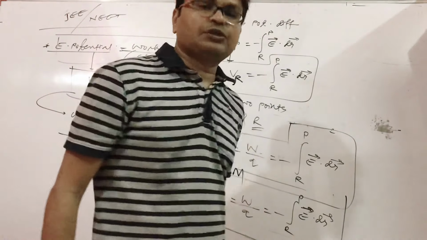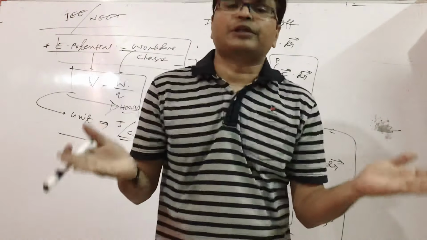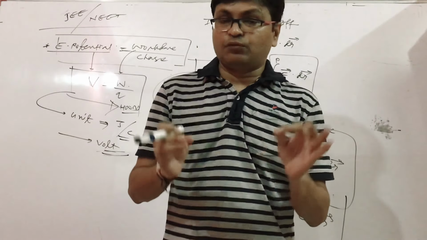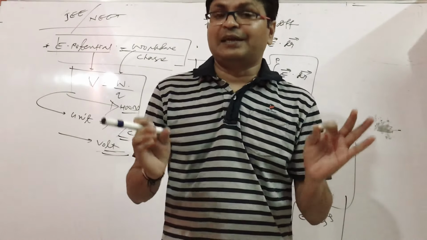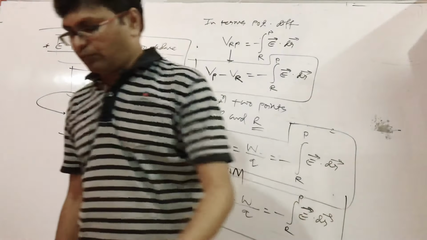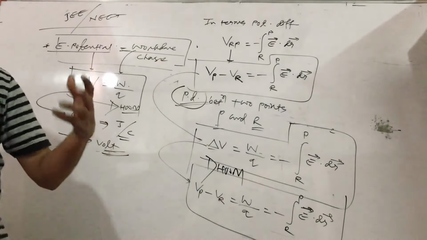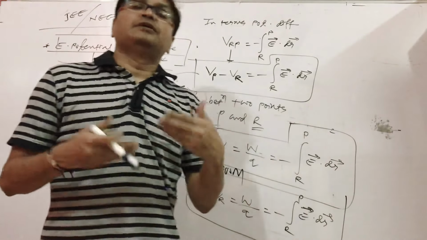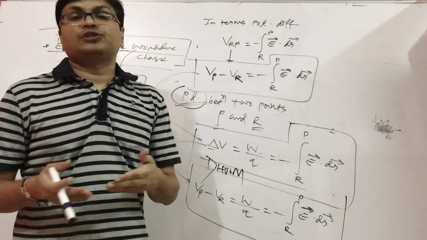One more important question: what is the unit of electric potential? Joule per coulomb. But sometimes they ask the question, what is the unit of line integration of electric field? Then what's the answer? Obviously, line integration of electric field over the given path is simply potential. So what is the unit of potential? Joule per coulomb.